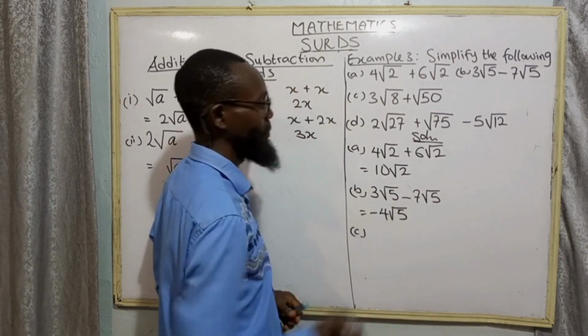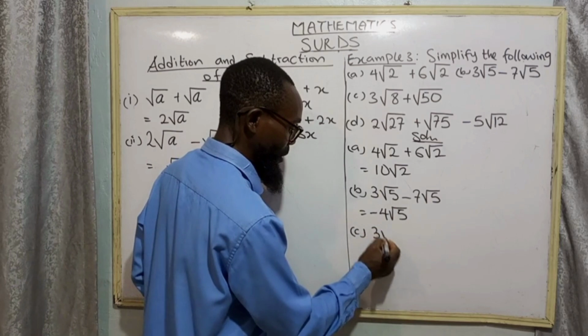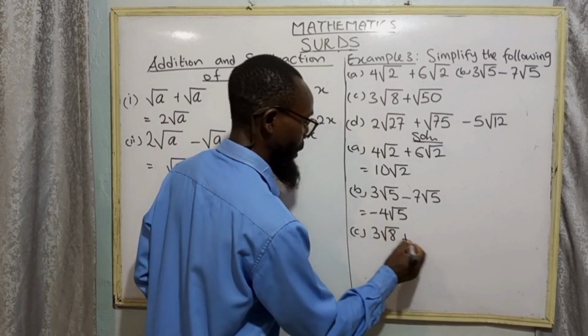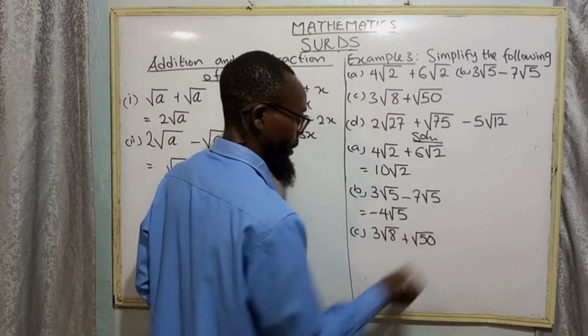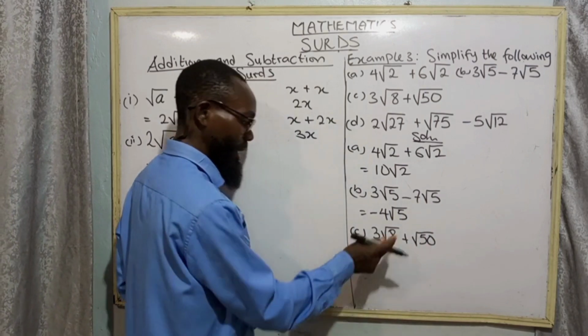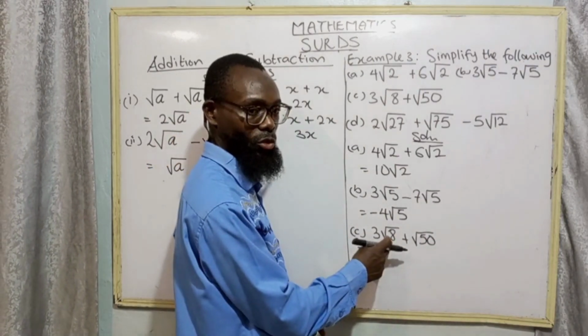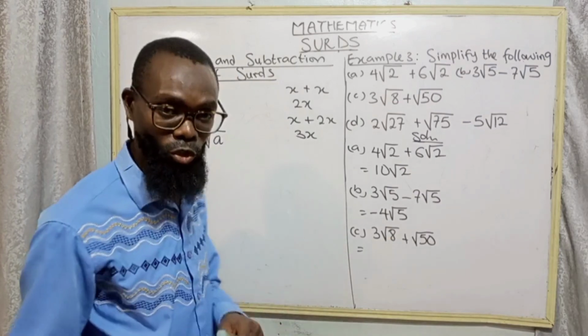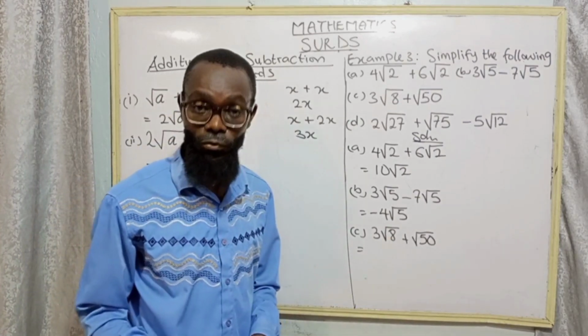Then the C part of it, we have 3 root 8 plus square root of 50. The first thing is to express this 8 as two factors in which one of the factors is a perfect square. Likewise, we have 50 as well.